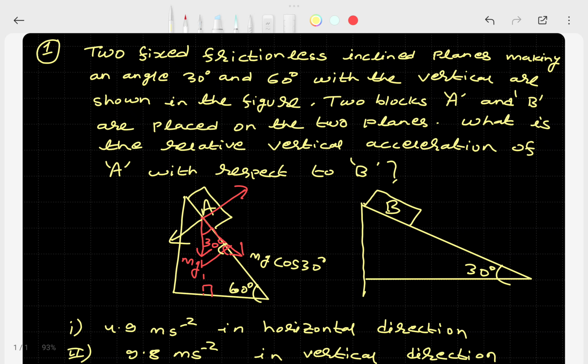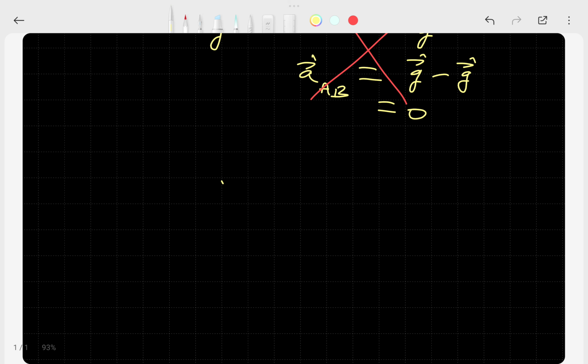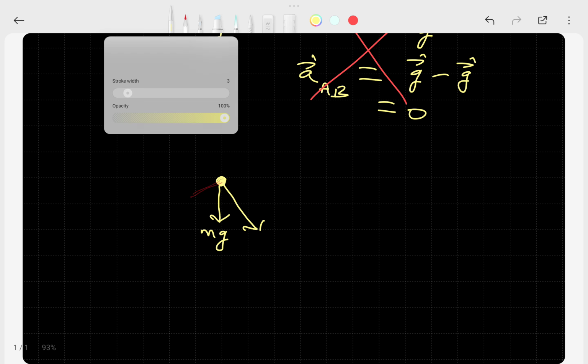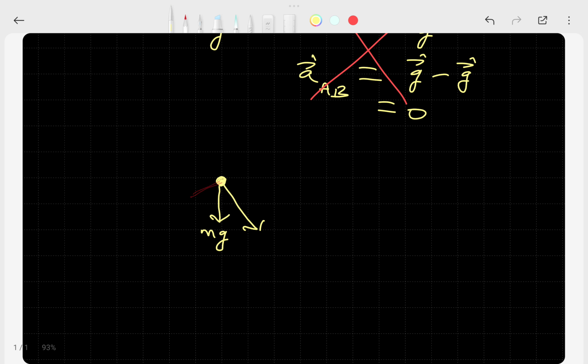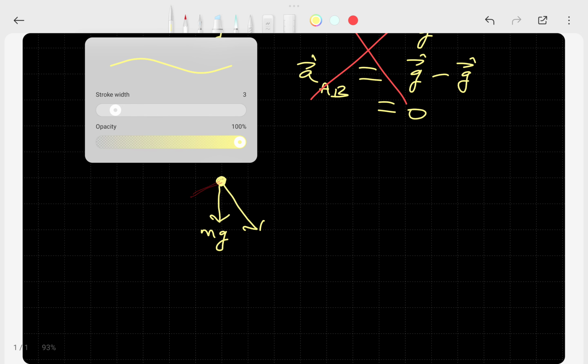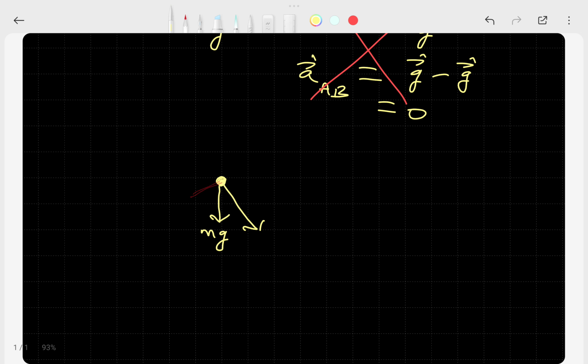Now if you see mg cos 30 degree and mg sine 30 degree, let me solve it. As the inclined plane is frictionless, this is your block, this is your mg. So this was, if you remember, this, sorry, one second.